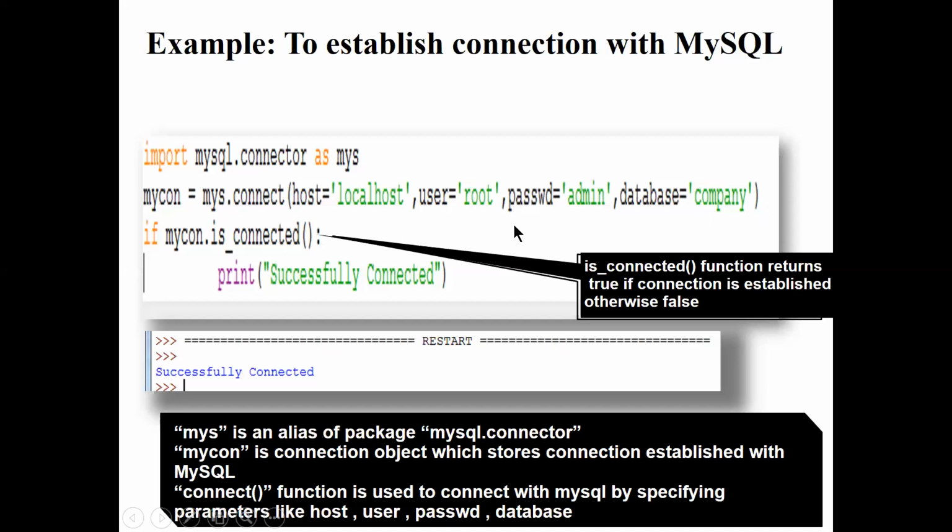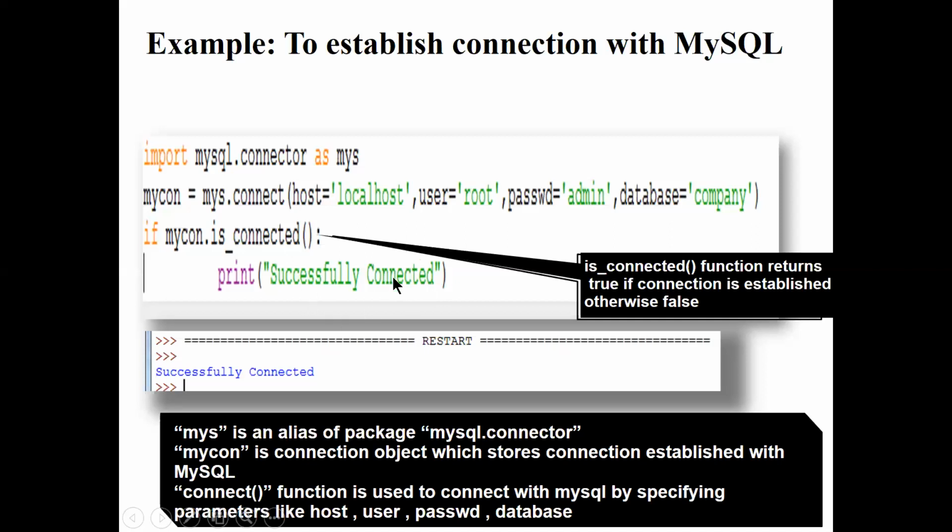Okay, so if that connection is successful, there is a function called is connected. This function will return the value true if it is connected successfully. So I am writing this particular query to check whether it is connected properly or not, right? If my connection dot is connected, print successfully connected.